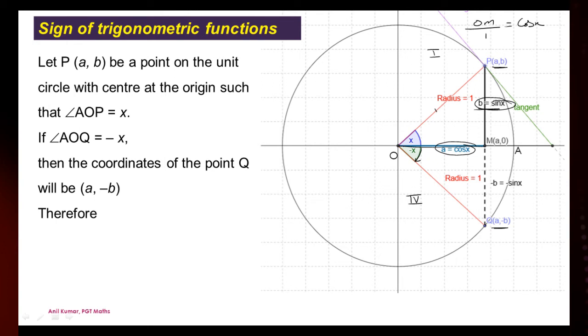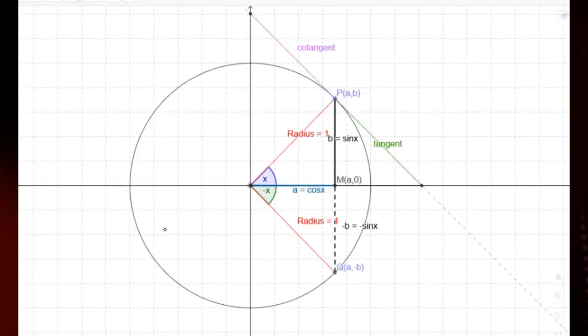In the fourth quadrant, by making the angle negative, we can observe that cos x is same, but the value of b is converted into minus b. So if I change the angle from x to minus x, then cos will remain as it is, whereas sine will become minus sine x. These are our two results.